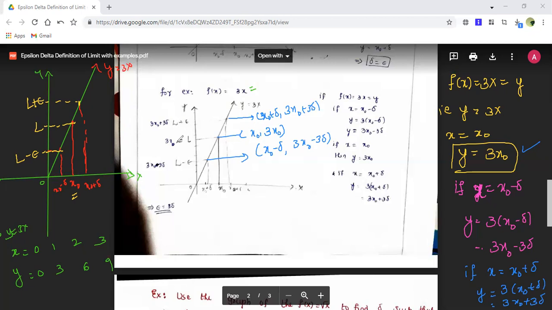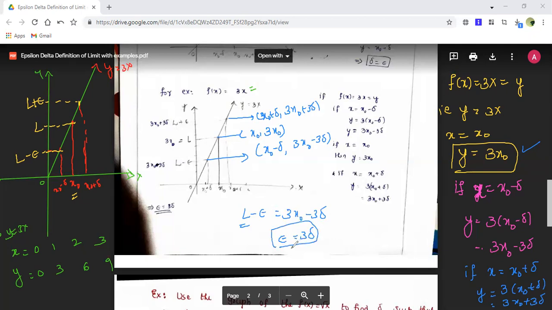Now if I see this observation, clearly your L is equal to 3x naught, which means L minus epsilon is equal to 3x naught minus 3 delta. If L is equal to 3x naught is known, therefore epsilon will be equal to 3 delta.